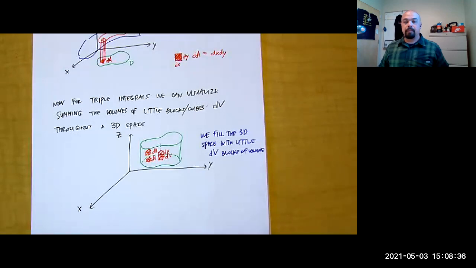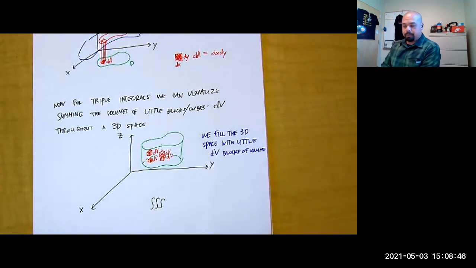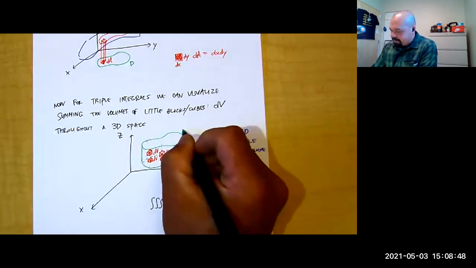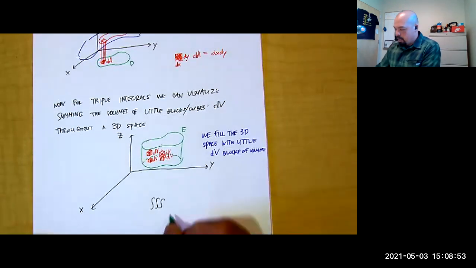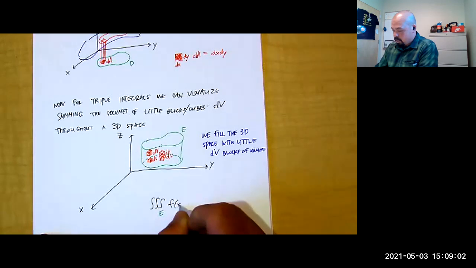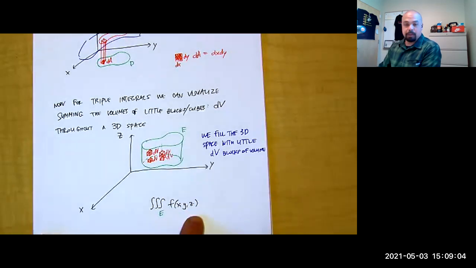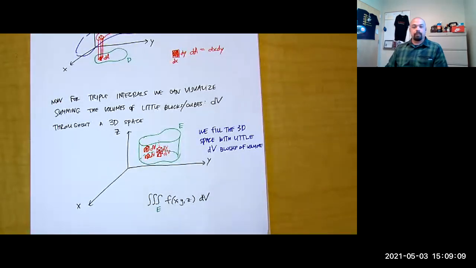Okay, and so when we start to organize those, what's going to happen is that we can start to take this triple integral over, and I think what the textbook does is use this space E. Okay, so we're going to integrate throughout that space E of, and then we can apply some function of three variables now over this dV.